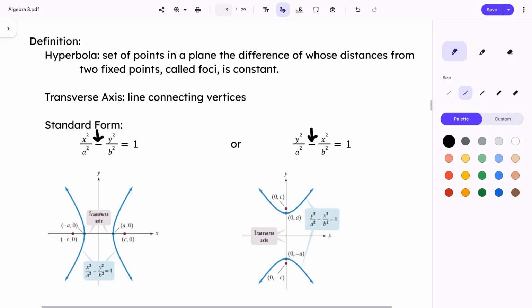So I'm going to go ahead and just write that down here. Because the x comes first, this would mean it's major horizontal. And over here, because the y comes first, this means that it would be major vertical.